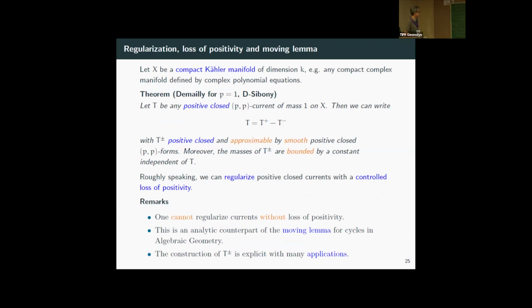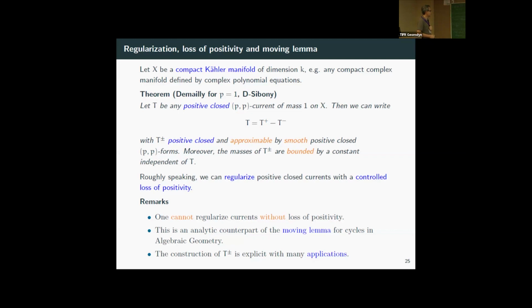Again, in a compact Kähler manifold, we have a positive closed current T. And as I said before, you cannot regularize T in general. But you can write T as T plus minus T minus, and each of them can be approximated by smooth positive closed currents.